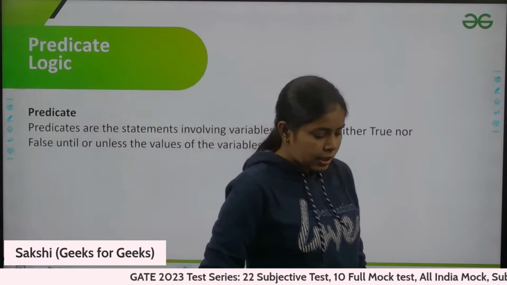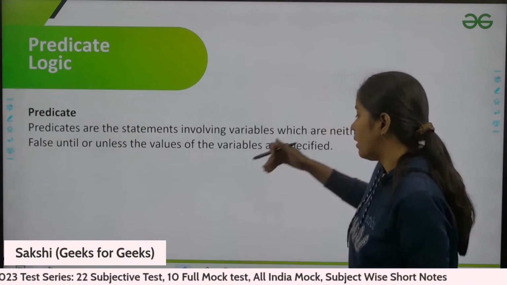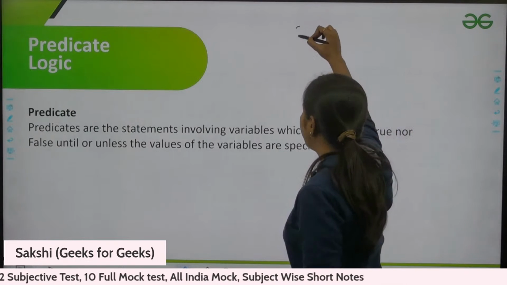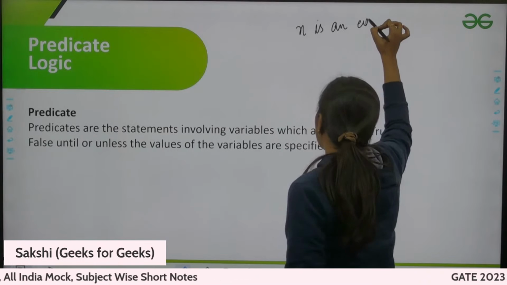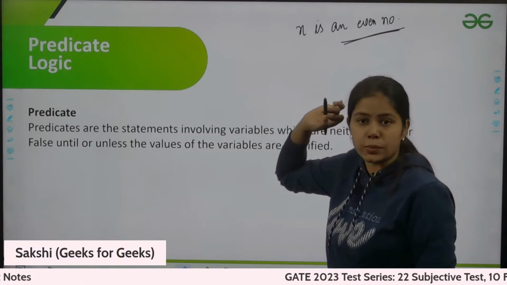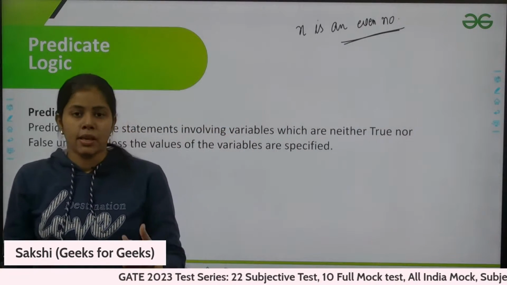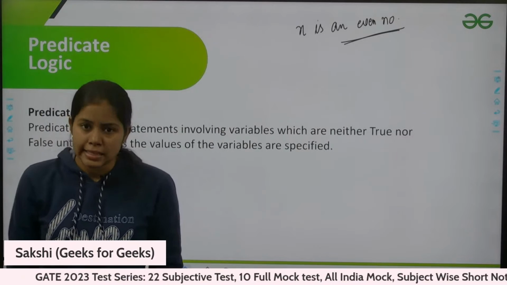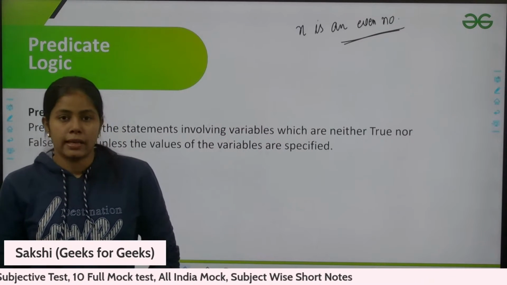Otherwise the statement does not have any truth value. If you remember, in the starting I took one example, x is an even number, and I told you I cannot specify any truth value at this point, because I do not know what this x is. So x is a variable here, right? That's why I haven't assigned any truth value.